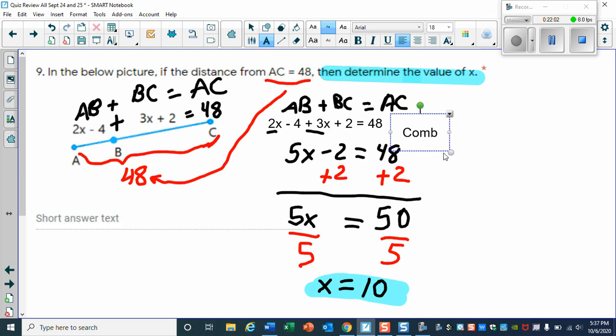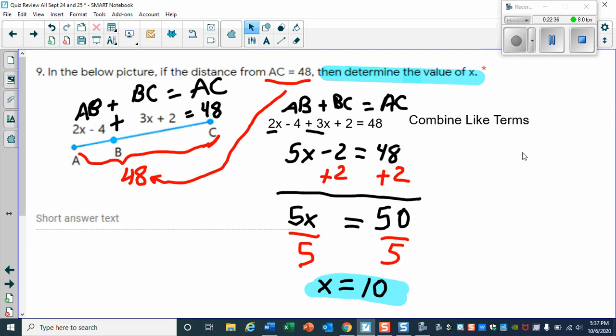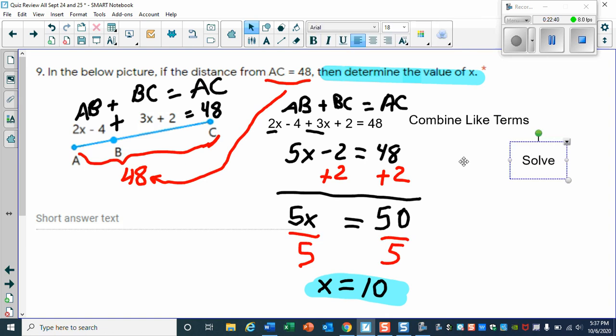And then your last step, last but not least, divide by 5. 5x divided by 5, which is x, equals 50 divided by 5, which is 10. In this case, once you find x, you're done. That's all this problem wanted us to do. Be careful. Some of the other problems are going to be a little different.